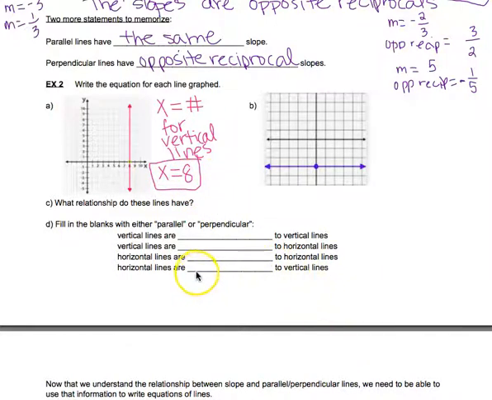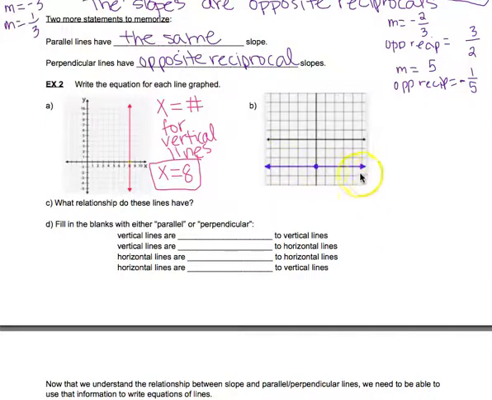Now, if you couldn't remember that, you could pick 2 points on the line, figure out the slope, which you realize is undefined, and then use point slope form. You could eventually get to that x equals 8, but it's much, much easier if you just know it. In B, this is a horizontal line, and horizontal lines, it's the same idea.